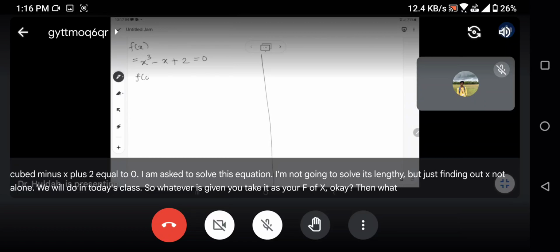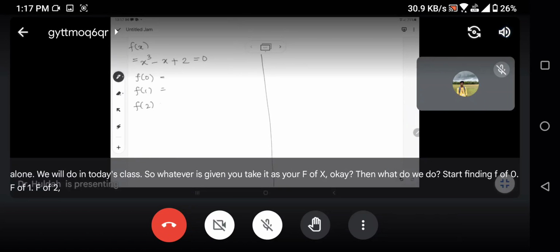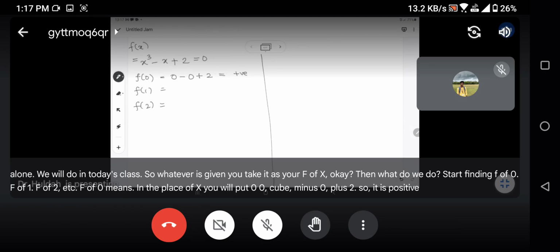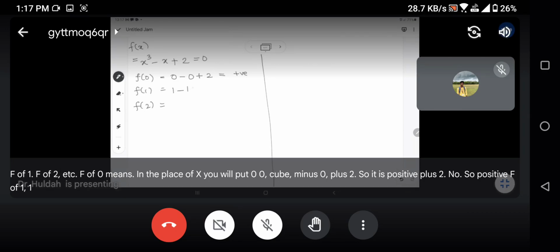Then what do we do? Start finding f of 0, f of 1, f of 2, etc. F of 0 means in the place of x, you put 0: 0 cube minus 0 plus 2, so it is positive. F of 1: 1 cube minus 1 plus 2, 0 plus 2, again positive.